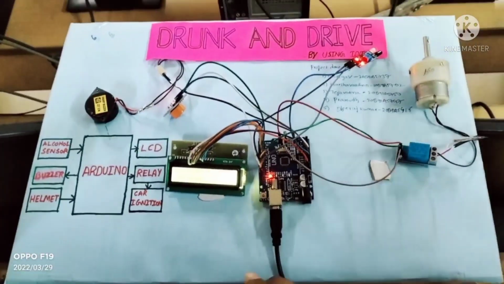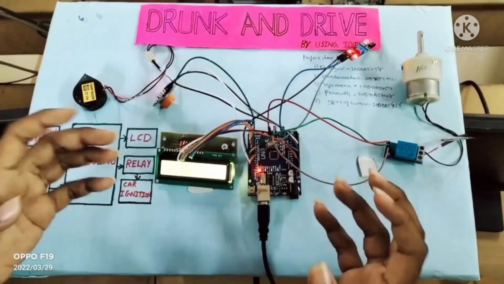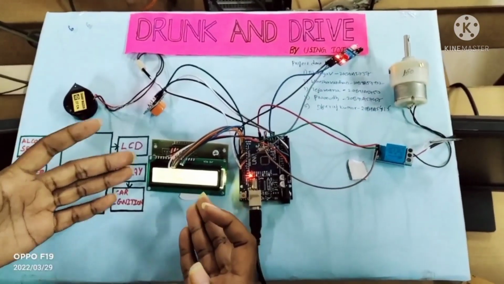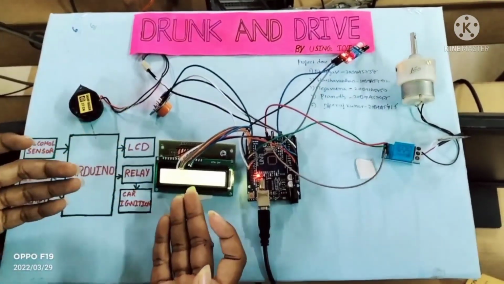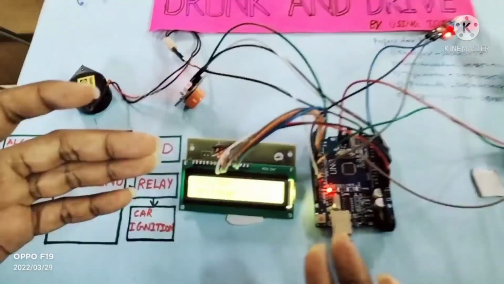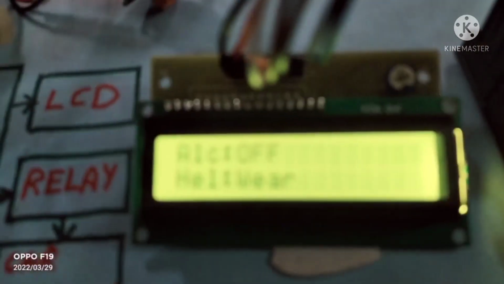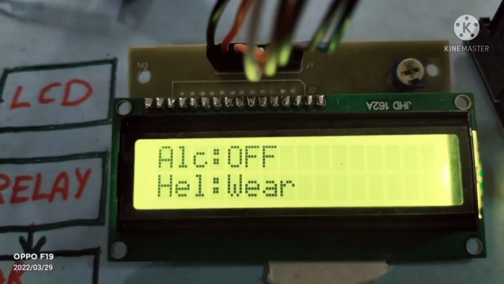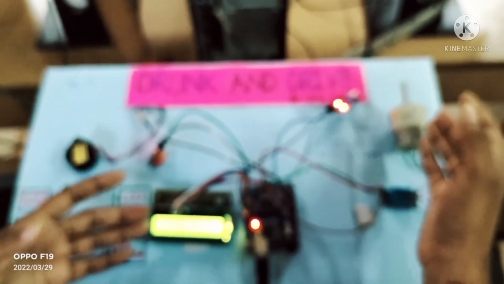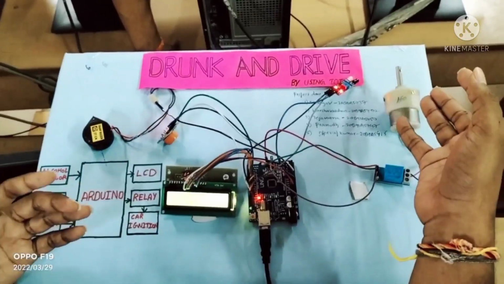Now we can clearly see that there is no alcohol, and the helmet is worn by the person driving the vehicle. Due to the absence of alcohol, we can see that the motor ignites.